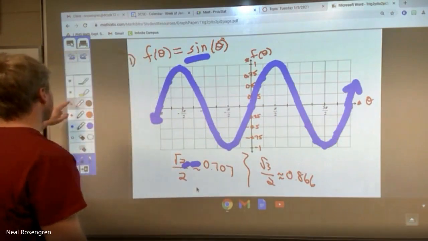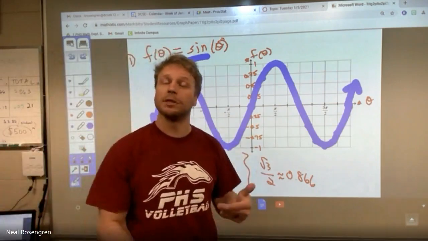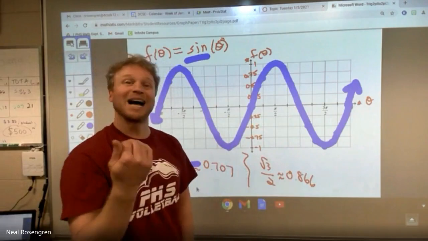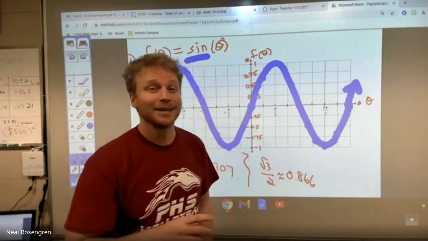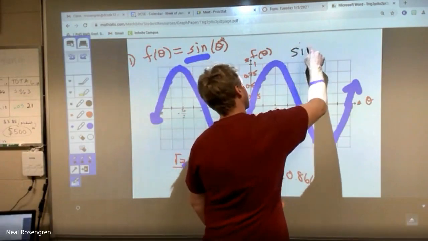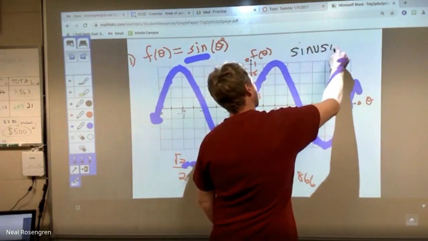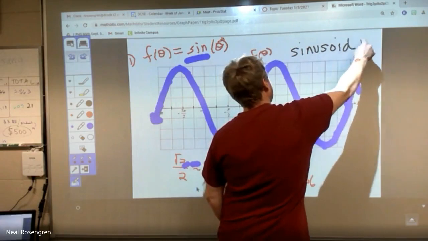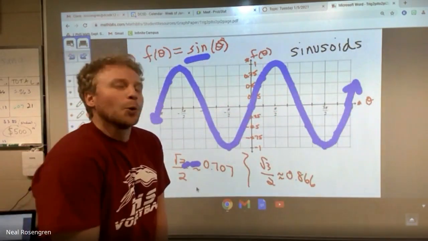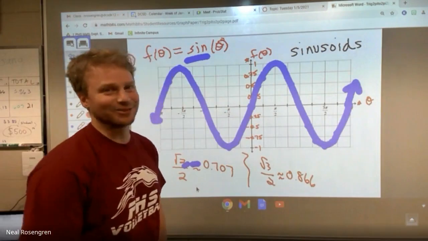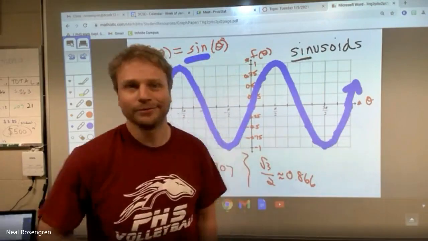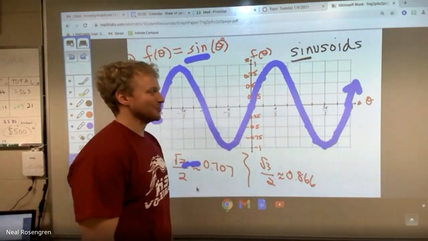And these kind of graphs, these waves that go on forever, the ones that resemble a sine wave, this is like top 5 favorite math word for me of all time, just because it's fun to say. Graphs that look like these are called sinusoids. I don't know, this is funny to say. Graphs that resemble sine, okay? We got these waves, cool.